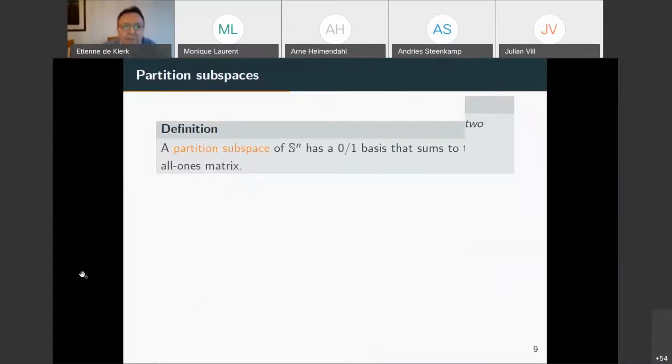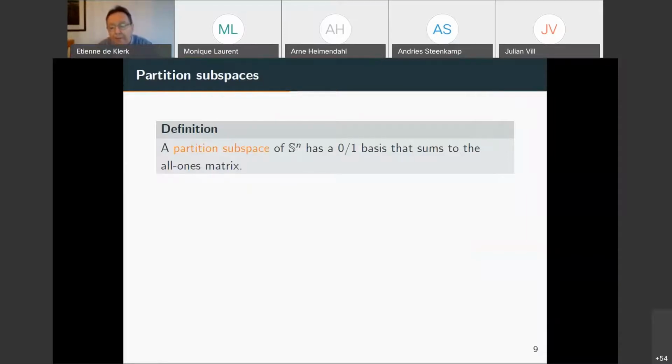But if we restrict to special subspaces, then it becomes more tractable. A specific type of subspace that we have in mind for the purposes of computation is called a partition subspace. And this is a very simple thing. It's just a subspace of Sn that has a 0-1 basis that sums to the all ones matrix.